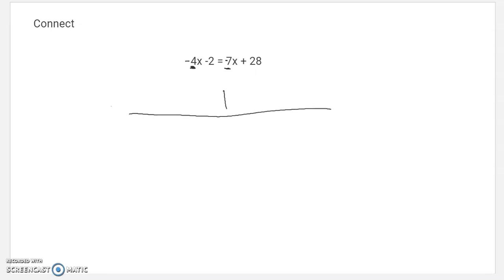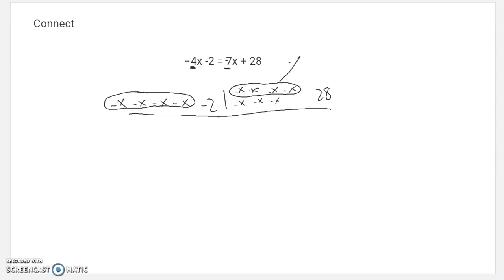I could have done 4 opposite of x's, -2, 7 opposite of x's, 28. And we still also could have said, oh, look, I can take 4 of those off each side because they match. As long as you're taking the same thing off both sides, it doesn't really matter what it is. It just has to be the same. And then we could have solved this. No problem.